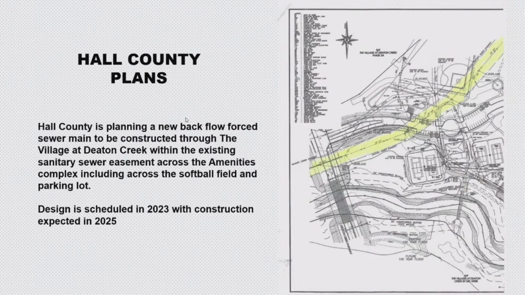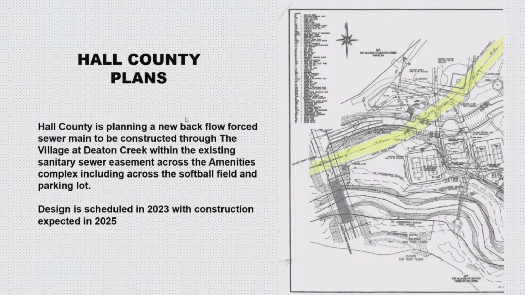Hall County is going to make some major changes to their sanitary sewer system. If you look at that easement that comes right through our ballpark, matter of fact, the center of it comes through home plate, you'll see, I think that's a 60-foot easement through there. It's got a gravity-fed sewer in it now.